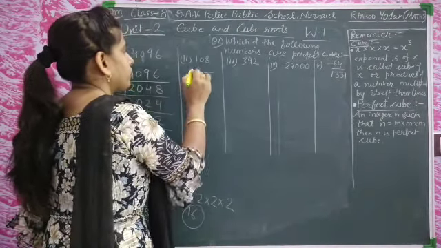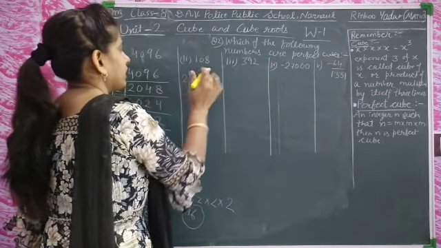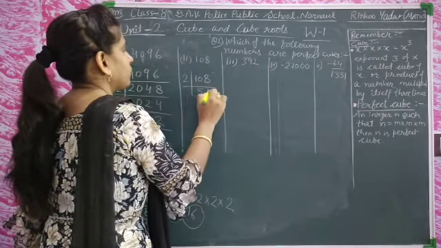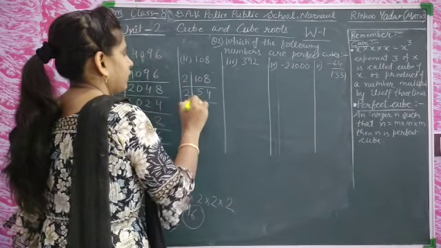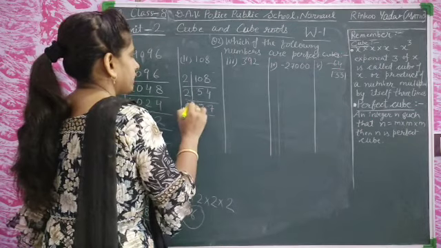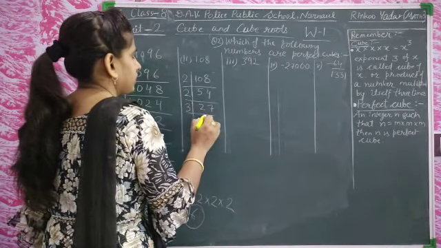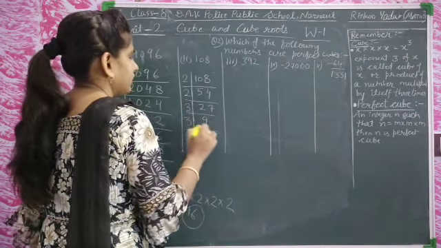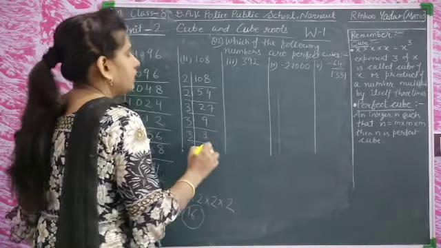108 divided by 2 first, and it becomes 2 5s are 10, 2 4s are 8, and 2 2s are 4, and 2 7s are 14, and 3 3s are 9, 3 9s are 27, and 3 3s are 9, and 3 1s are 3.